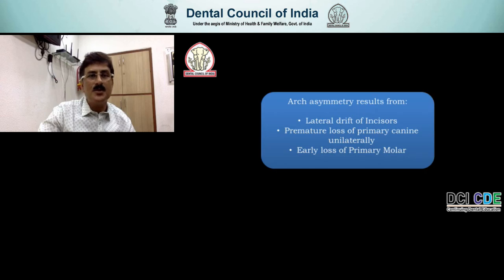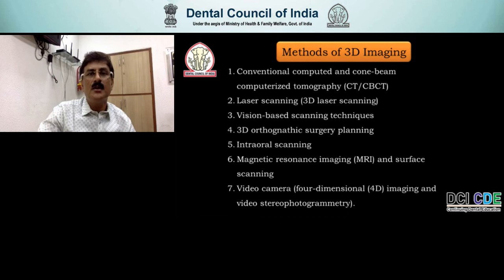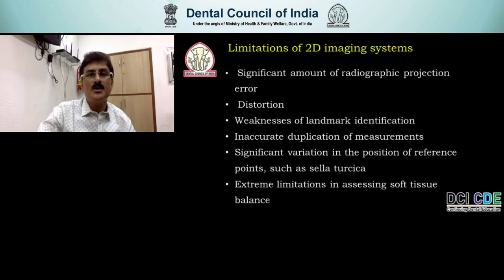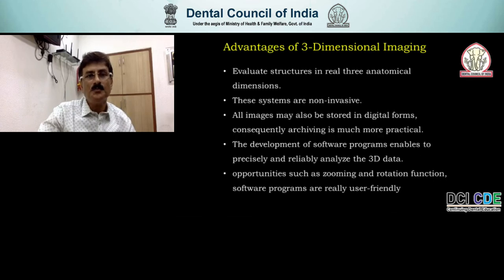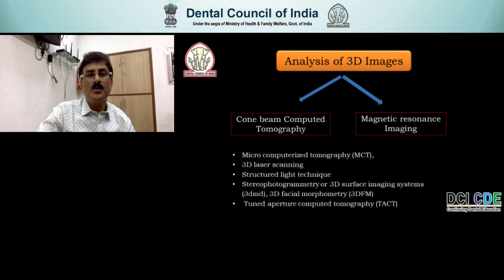Arch asymmetry results you need to see on the casts, and then modern methods of 3D imaging, limitations of 2D imaging, you know better than I do, advantages of 3-dimensional imaging, magnetic resonance imaging and cone beam computed tomography.